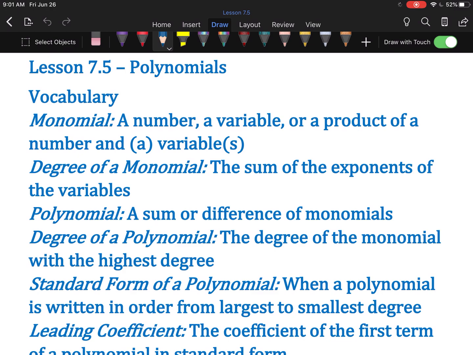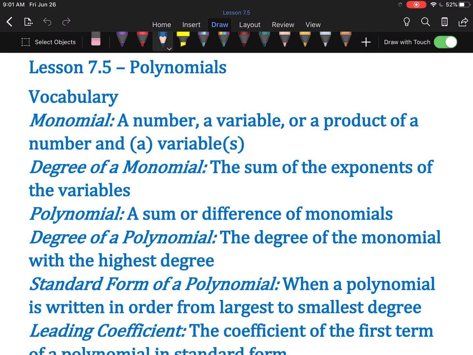So a number would be like 3, 2/3, 15.3. A variable would be like x, y, z, a. And a product of a number and variable would be something like 2x, 3a squared b, 4cd. Okay, those are all monomials.